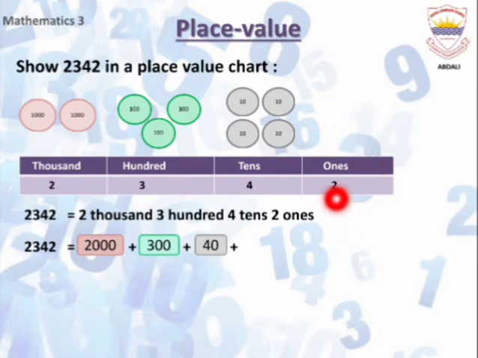Now show these two ones in disc form. Here two purple discs are shown and each disc is of ones. These two discs show two ones. The value of the two ones is 2.